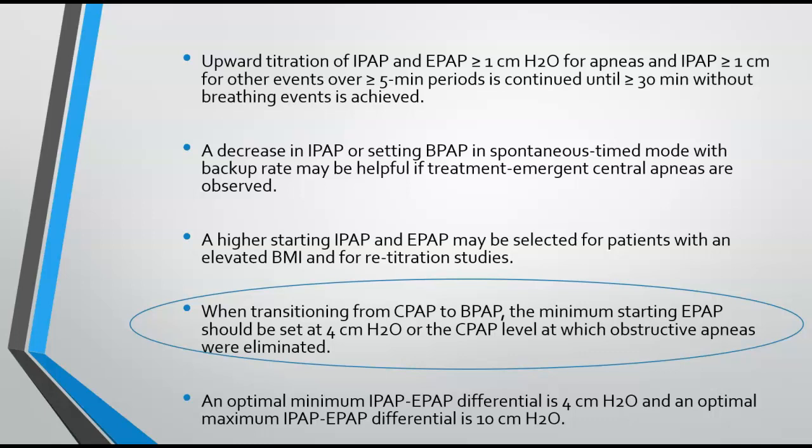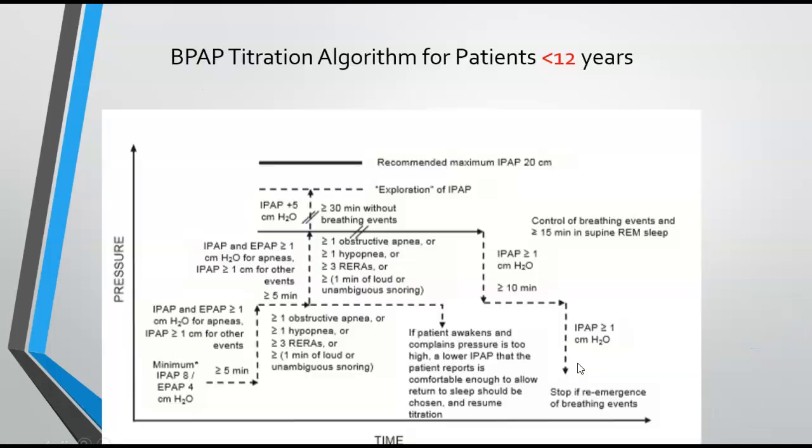The pressure difference between the two is determined by the tidal volume based on the ideal body weight of the patient. The minimal IPAP-EPAP difference is 4 and the maximum difference is 10, as we discussed earlier. The same guideline is given for pediatrics as well.